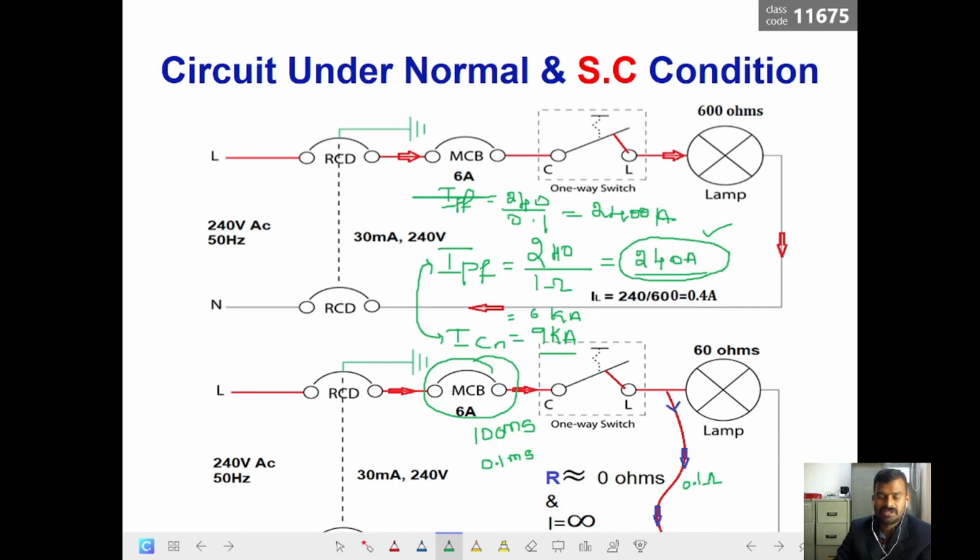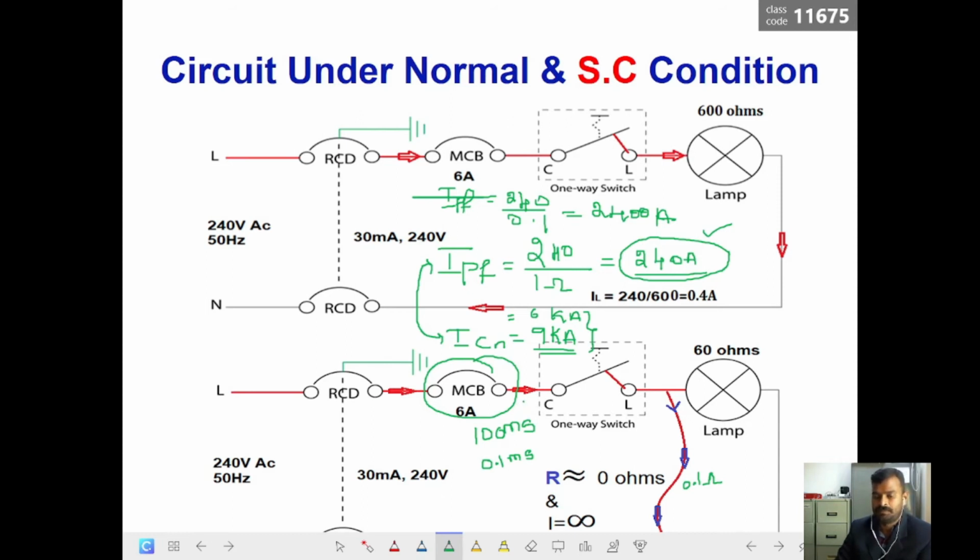Still, this is a prospective short circuit current, and it is still under the rated value. The 9 kilo amperes is the capacity for this MCB, but the actual short circuit current that flows through here is only 2400 amperes. That means the MCB will trip and isolate this short circuit current safely without any physical damage to the MCB.